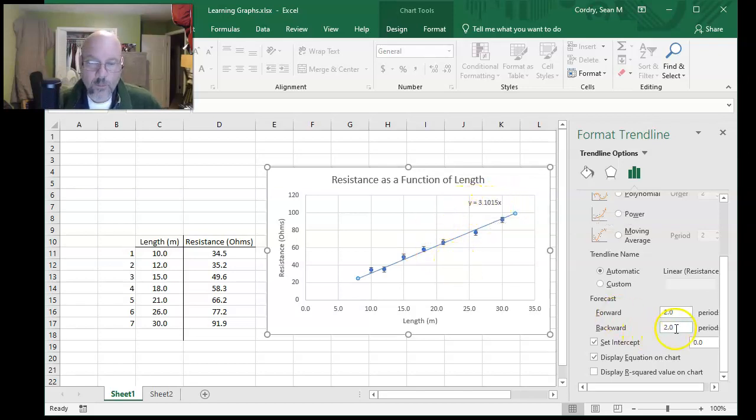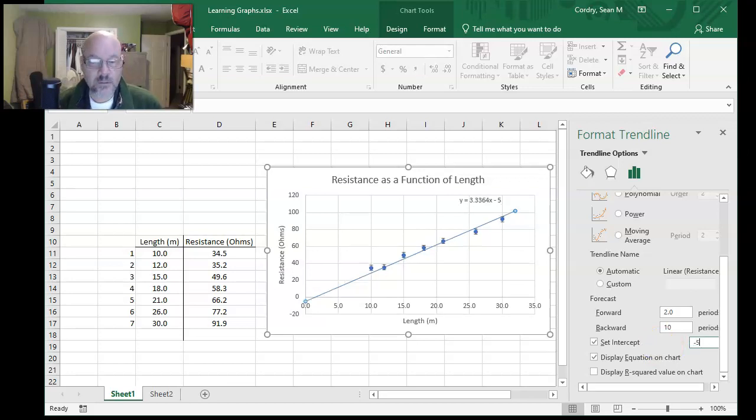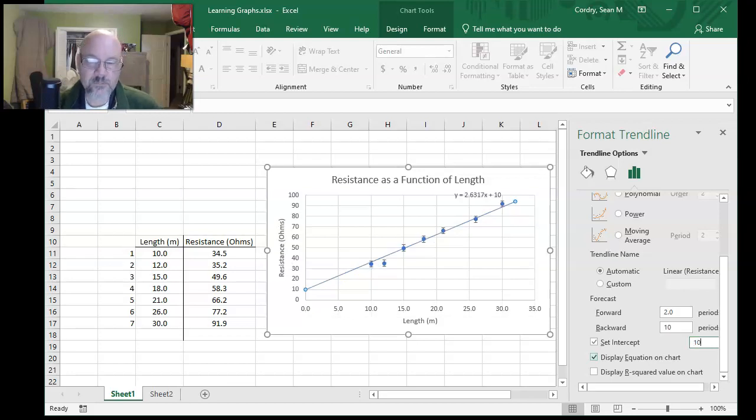If we go backwards 10, we go right through the origin there. Now, I might have a model that says it's not supposed to intercept at 0, it's supposed to intercept at -5. There it is, and it tries to figure out what slope works best to make that happen. You see the -5 on there. Just for fun, let's put 10 on here, and we get that.